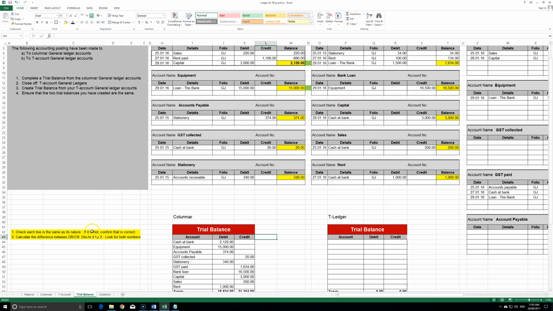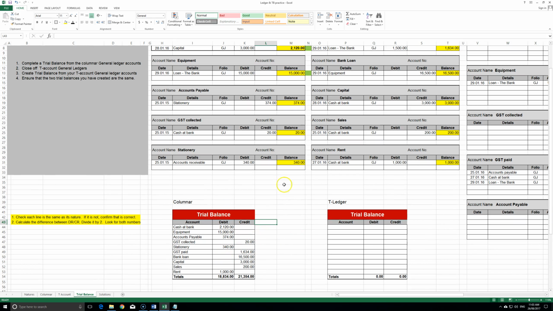Check each line in the trial balance is the same as its nature. What this is going to detect is whether or not I have posted from the general ledger to the trial balance correctly. Alright, so we have assets, another asset, a liability, another liability, an expense. This one here, I'm going to call it an asset, only for, have a chat with your teacher if you're not sure why.